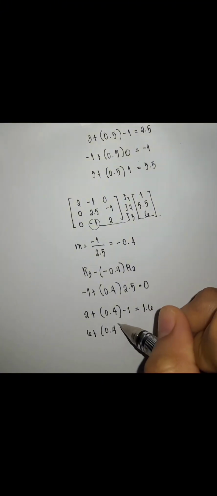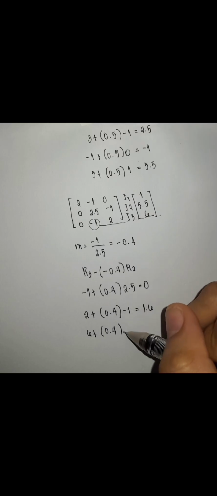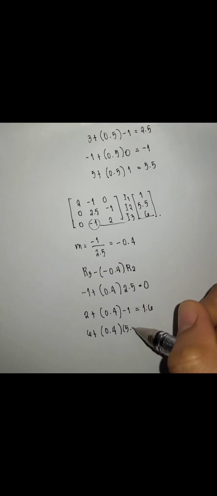Then 6 plus 0.4 times 5.5 is equal to 8.2.